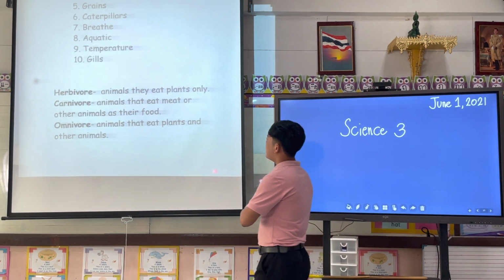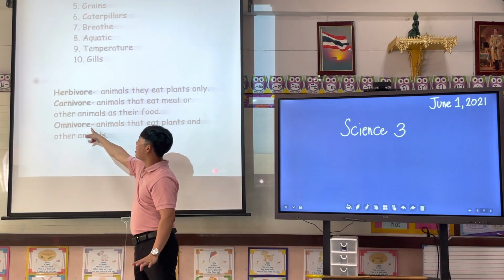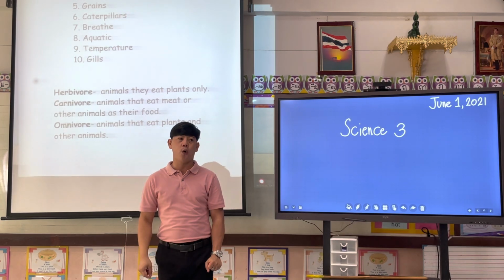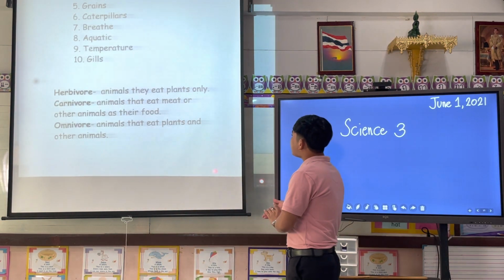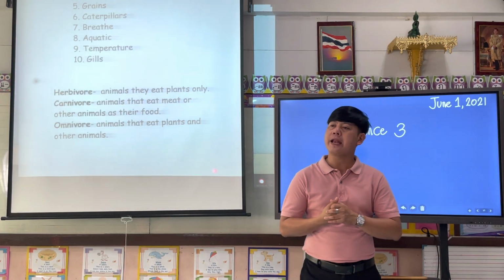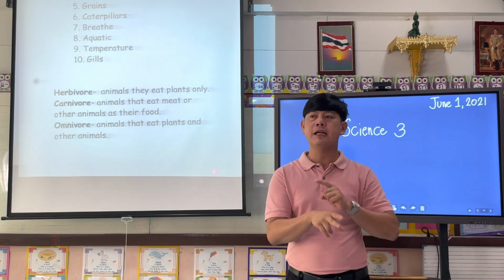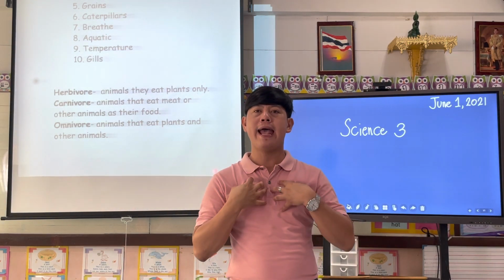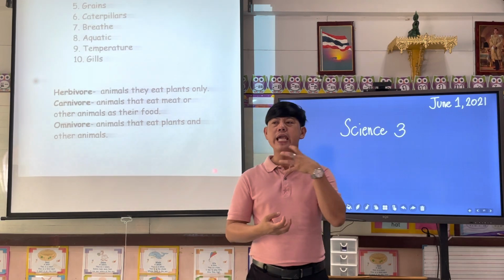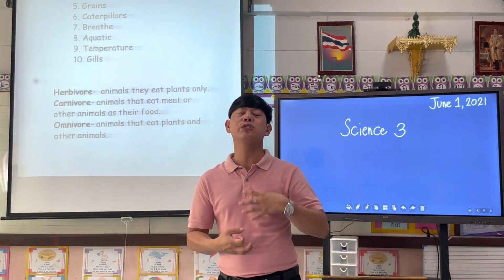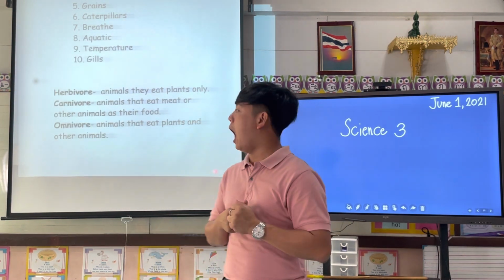Next, number 3 is omnivores. Omnivores means animals that eat plants and other animals. Humans we consider as omnivores because we eat plants, fruits, as well as meat.